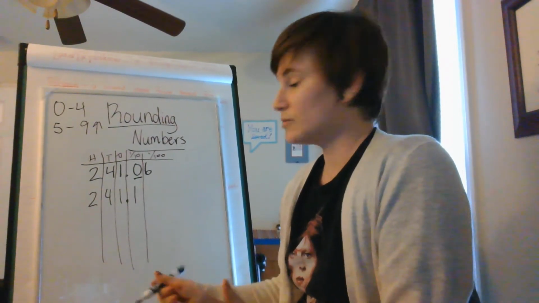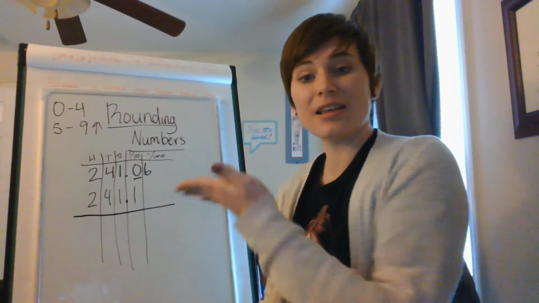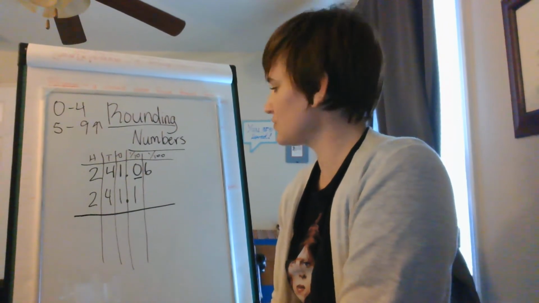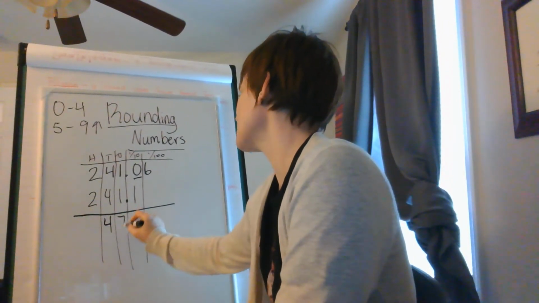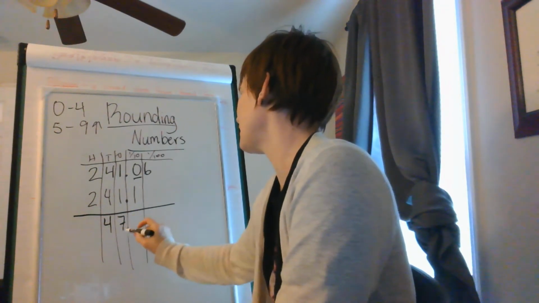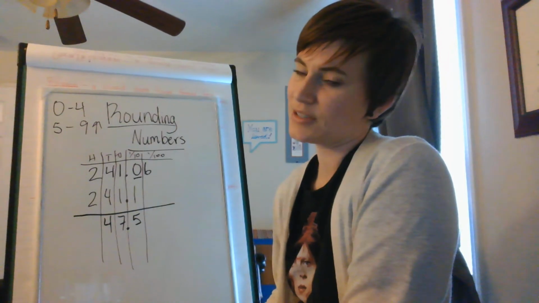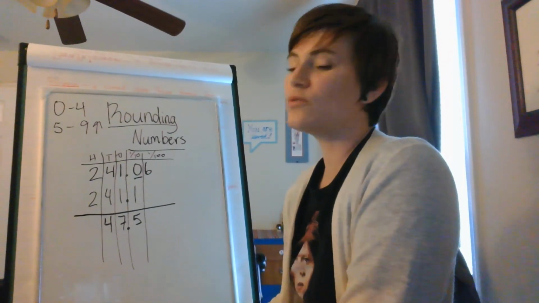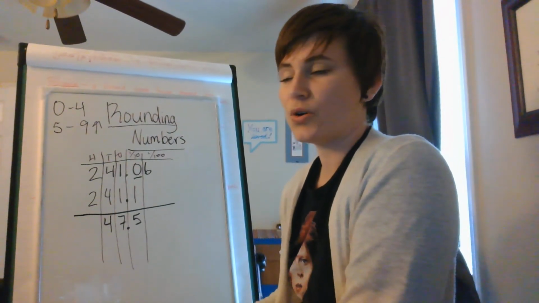So let's do one more. I'm going to go ahead and just write my number in this place value chart right away. That way I'm not confused. Let's say my number is 47 and 5/10. What am I going to round to if I say round to the nearest whole number?